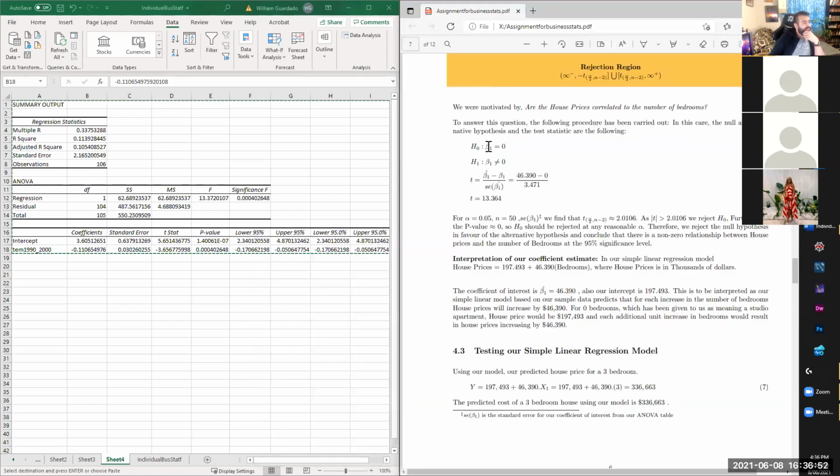Remember, it's beta 1. These numbers here are from a completely different assignment I've done before for other students. This number over here will be your coefficient, which is this one over here, minus 0. Beta 1 comes from up there, divided by the standard error, and that will be your t-stat.